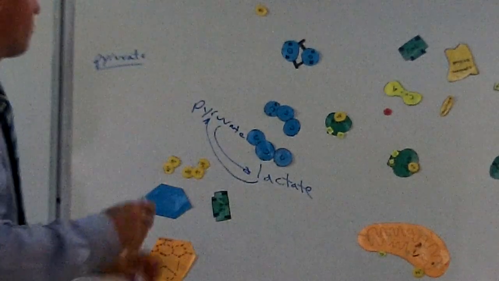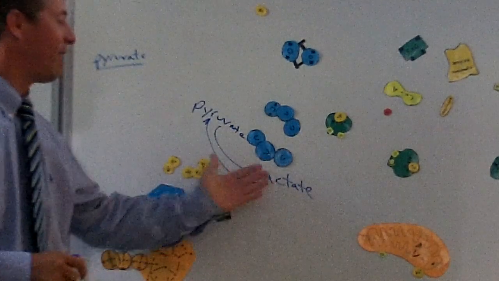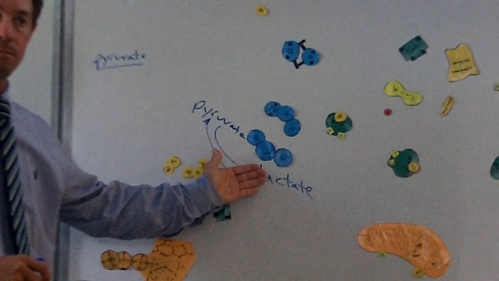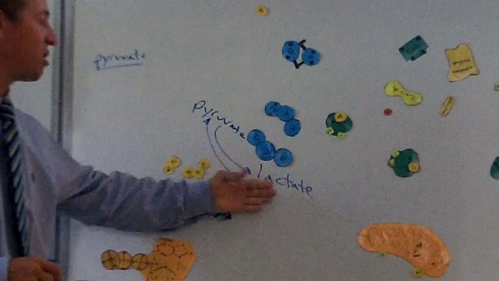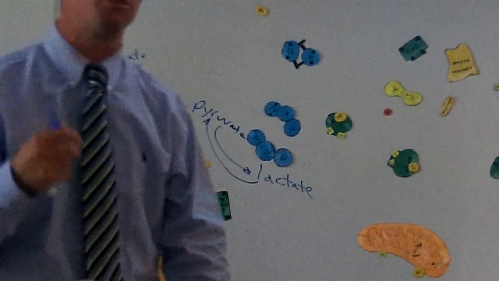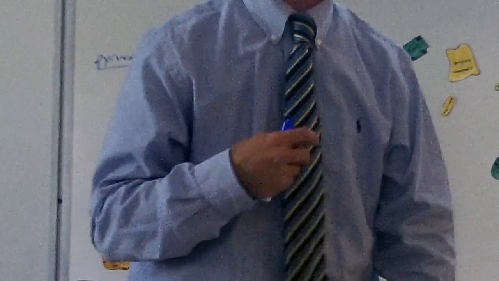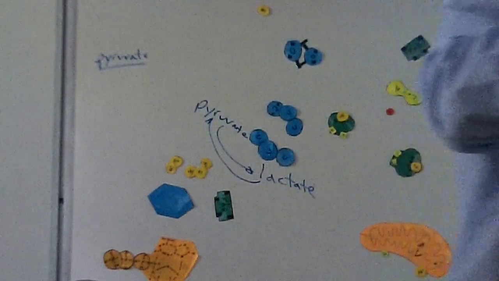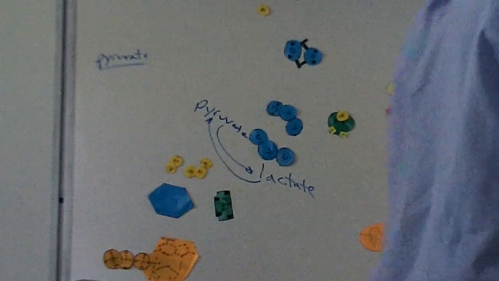So we call this production of lactic acid fermentation. Fermentation is production of lactic acid, and that's what animal cells do. Animal cells do fermentation and produce lactic acid if they don't have enough oxygen. But plant cells do what's called alcoholic fermentation.